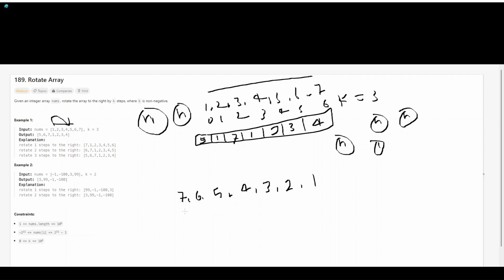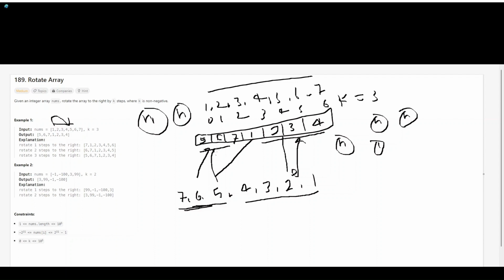Now if we see here, the first k elements and the last remaining elements, if we match with this array, they are not exactly the same, but if we rotate these, it will become this.